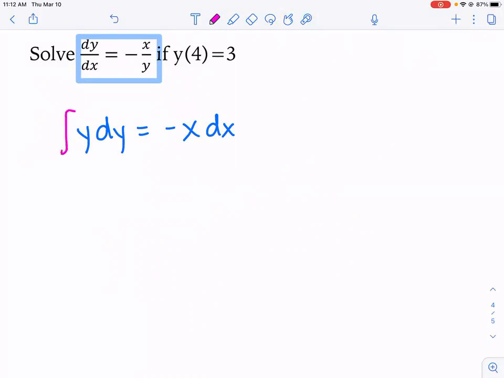So then we can integrate both sides to where we have, no, I was just going to make sure you're writing this down. 1/2 y squared equals negative 1/2 x squared plus c.